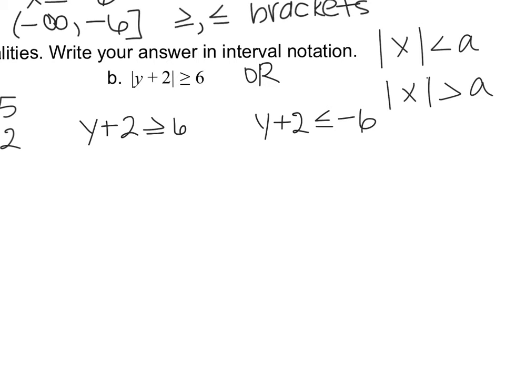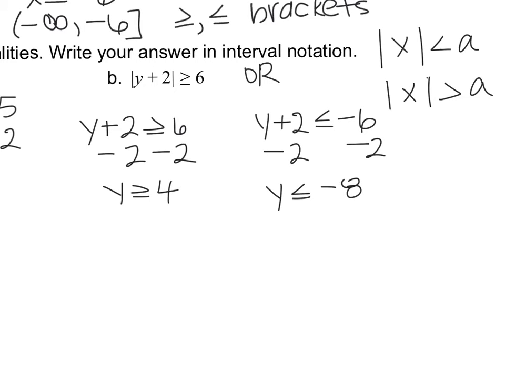So I'm going to get y plus 2 less than or equal to negative 6. So I'm going to subtract 2 from both sides to get y is greater than or equal to 4. Then I'm going to subtract 2 from my other inequality, and I'm going to get y less than or equal to negative 8. Because this is an OR compound inequality, I'm going to write 2 intervals for my solution.